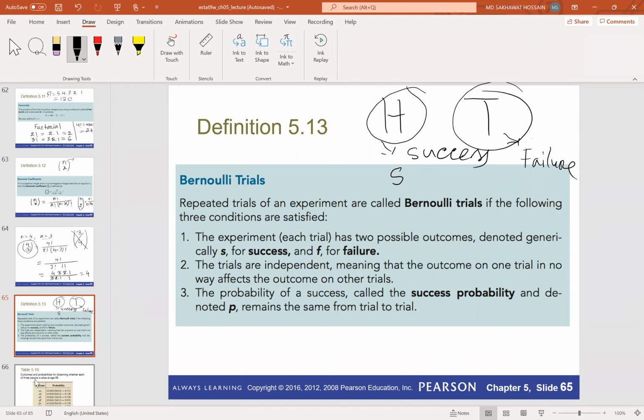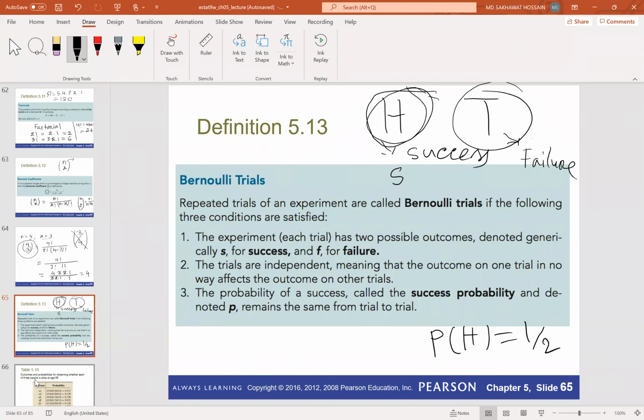And the third is that the probability of a success, called the success probability and denoted by P, remains the same from trial to trial. So if we flip a fair coin, and we want to get a head, then the probability of getting a head is half, right? And this is true for each trial.